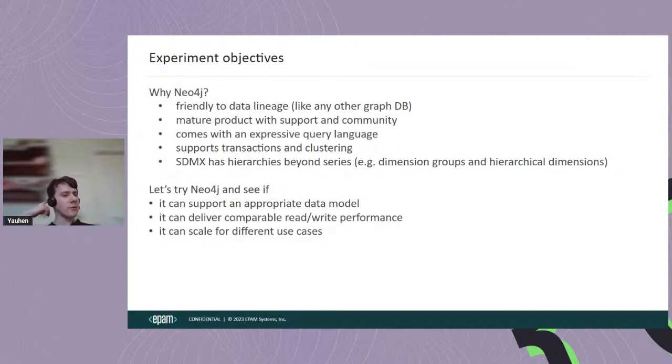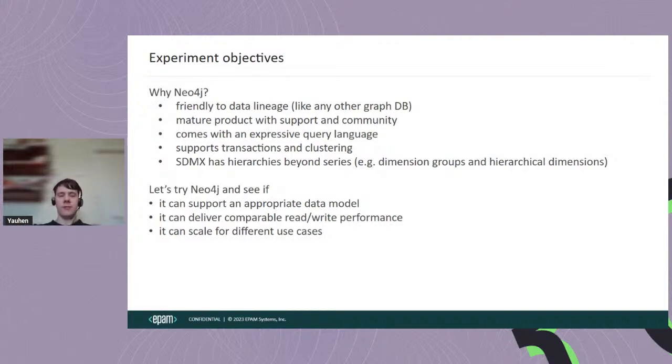My question was whether it's possible to find a technology which would cover all our essential requirements in one shot. I decided to consider the Neo4j graph database because it's very friendly to such features as data lineage, because it's a GraphDB, by the way. It's quite a mature product with good support and a huge community.